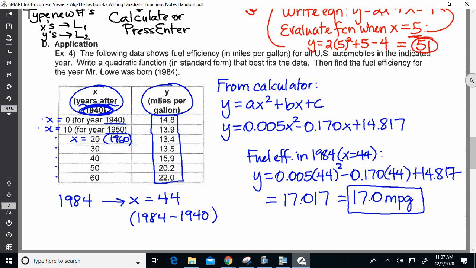Problem's over. Again, the hardest part to the problem was just getting everything put in the calculator. Once you get everything in the calculator, working it out is pretty simple.